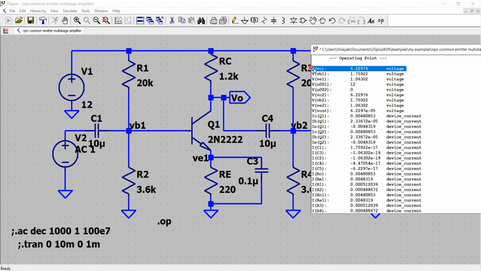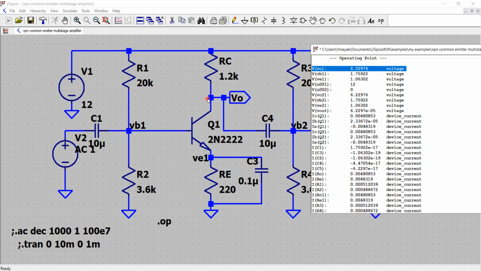So here we go. See, VO is 6.22, that is here. VB1 is 1.75. We want this collector to base junction to be reverse bias in order to have transistor Q1 in the active region. Base emitter junction should be forward bias. So let's see that by seeing the DC bias level at the pins of the transistors, collector, emitter, and the base.